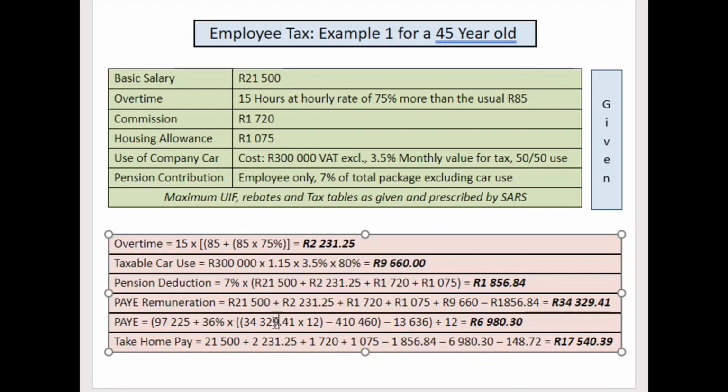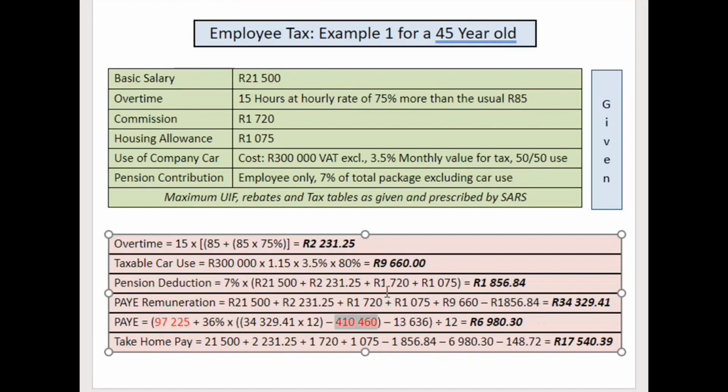And what that is, it is payable on the amount that is more than 410,460. That amount was in the table. That's how I got it. So don't worry about the amount, it was given. So basically this 97,225, which is the fixed amount on any amount under that, was given. I should actually just maybe put it in red so that you know that it was given.